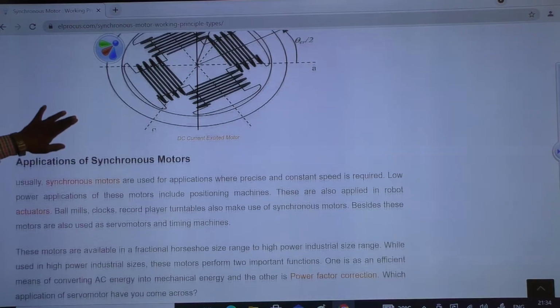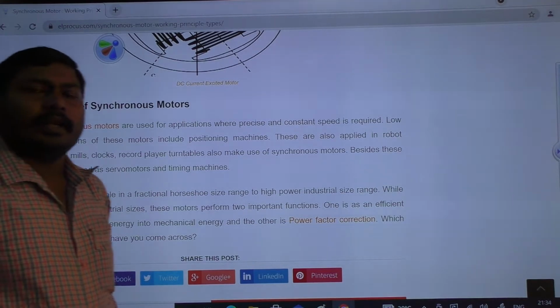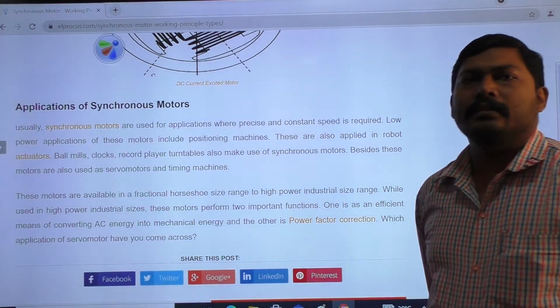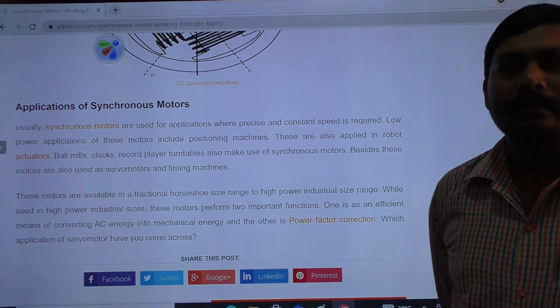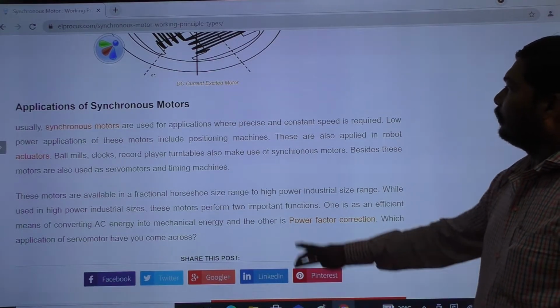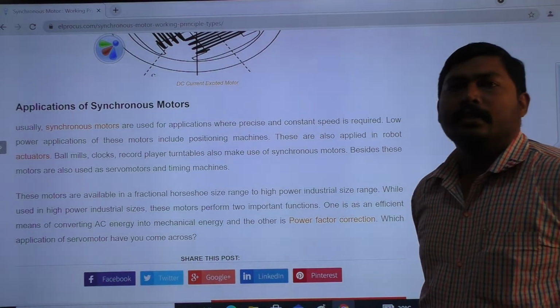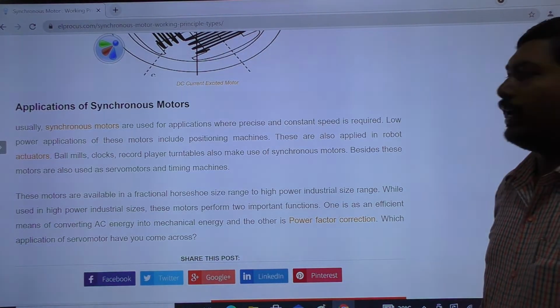Now the application of synchronous motors. These synchronous motors are widely used for power factor correction in industries where power factor correction is hugely necessary. They are also used where precise and constant speed is required.